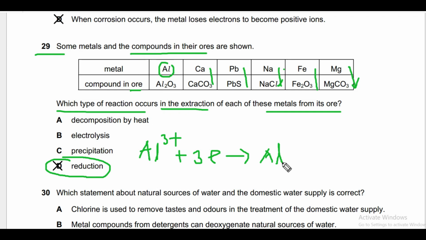So during electrolysis, metal is produced at the cathode by the reduction process. And iron oxide is less reactive, so less reactive metal is extracted by a reduction process. That's why D is the right answer.